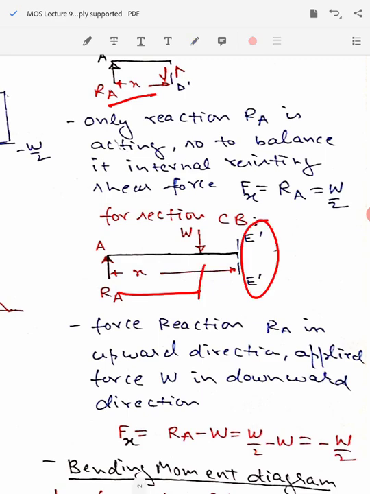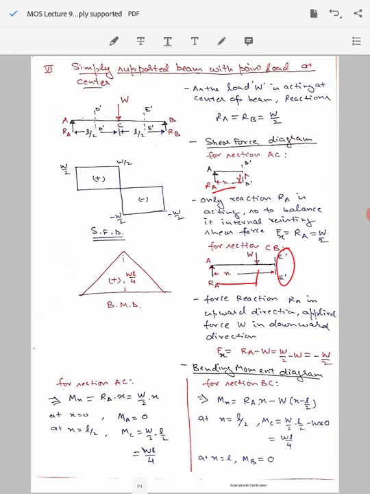So there will be a bending moment of magnitude RA into x, which is acting in a clockwise fashion, while there is a bending moment due to applied load W acting in the opposite direction, that is anti-clockwise, and its magnitude will be W into x minus L by 2. So RA x minus W into x minus L by 2 is our bending moment equation.